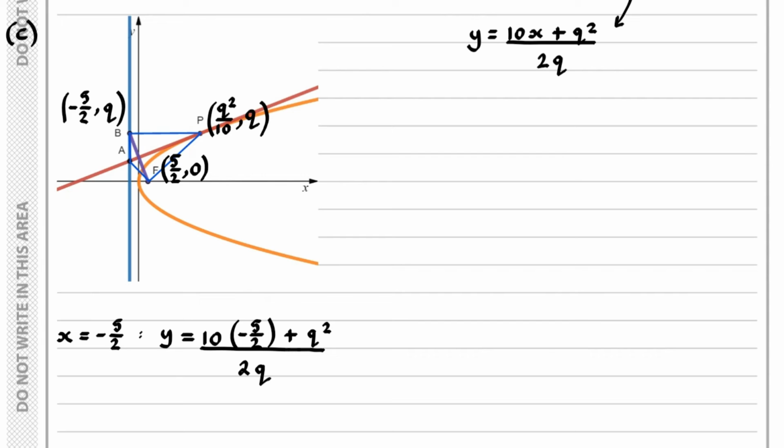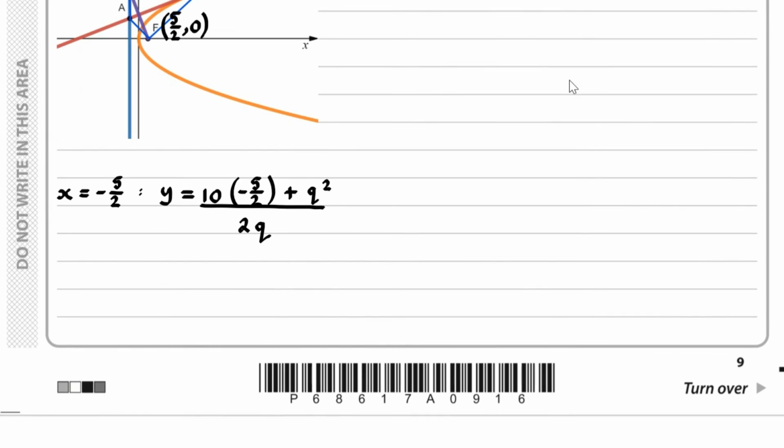So, if we simplify this, what we can see is y equals 25 multiplied by -1, so we have q squared subtract 25 over 2q.